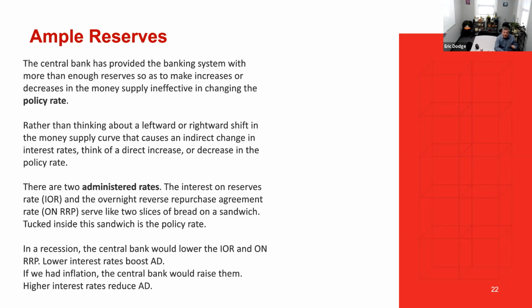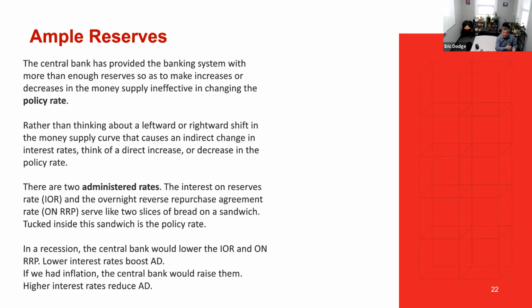And the way that we do that in this model and with the Federal Reserve is that they sandwich the policy rate in between two other rates that they call administered rates. We don't need to get into the weeds of that, but if you think of these two interest rates as two slices of bread on a sandwich, and in the middle of the sandwich is your policy rate, like your slice of turkey, they're going to move those slices upward or downward directly to move the policy rate upward or downward with it.